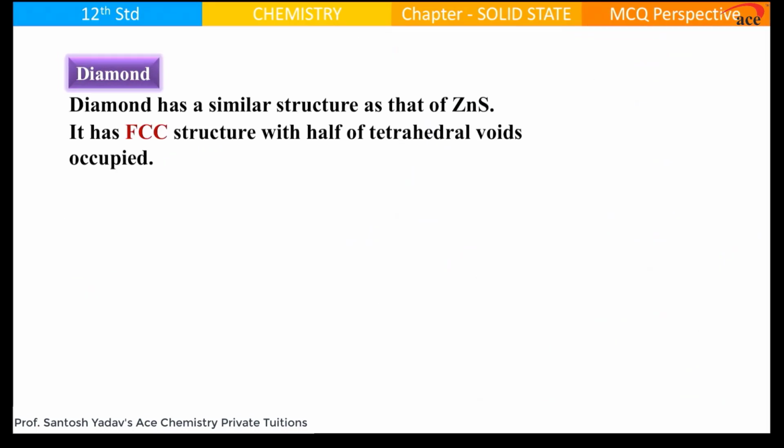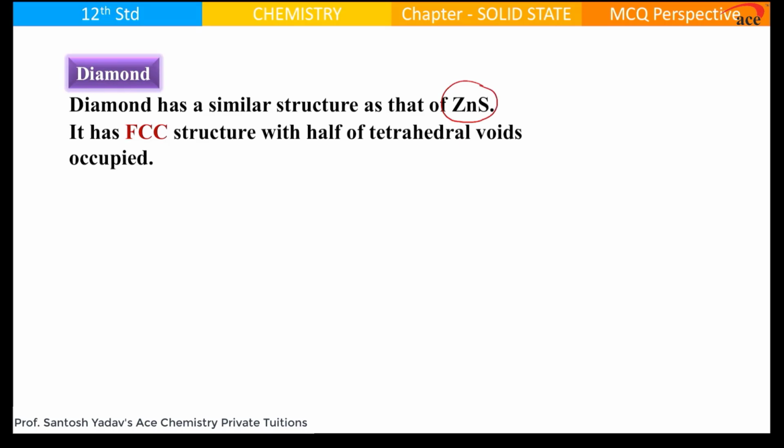We come to the next part of types of ionic structure, in which we are learning diamond. Now, diamond is not ionic. It is a covalently bonded compound. You call it a covalent solid. Still, we are learning it along with ionic structures because it shares similarity with one of them. With which does it share a similar structure?